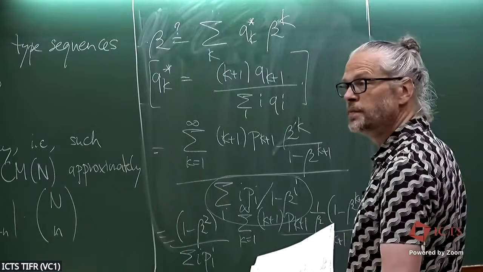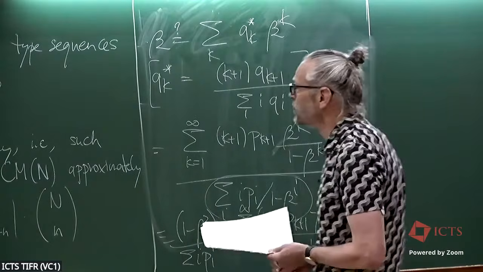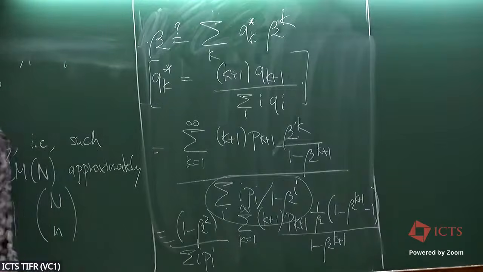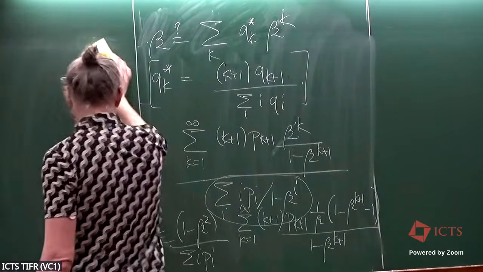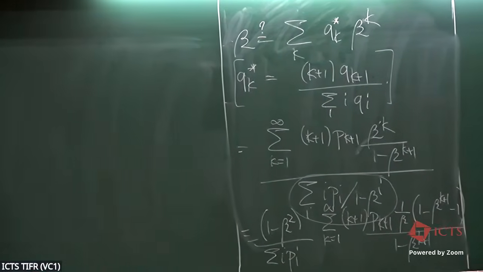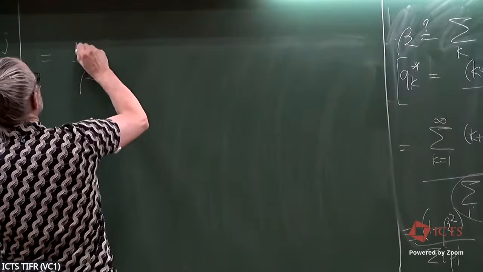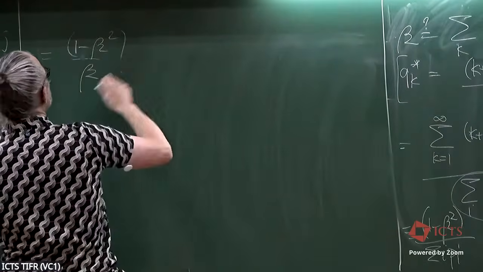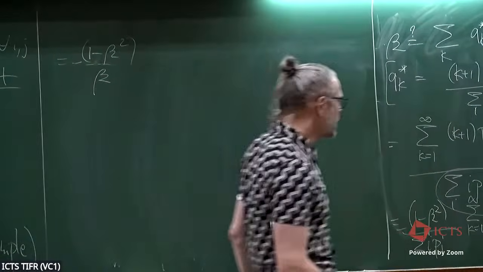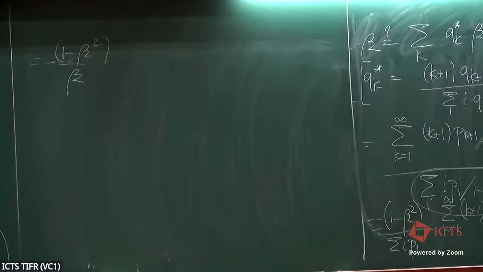Okay. I have a 1 minus beta squared here. I get a 1 over beta from there. These computations always take more time. I get 1 over beta, and I had a 1 minus beta squared here. I put a minus sign in front because a minus sign here.